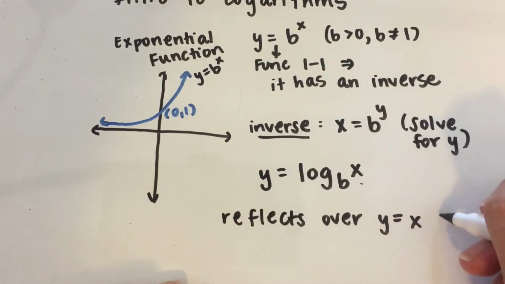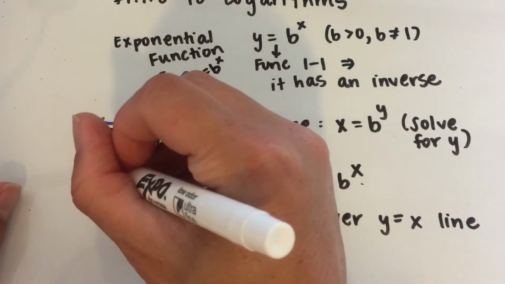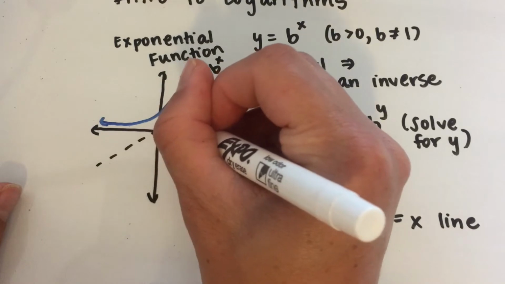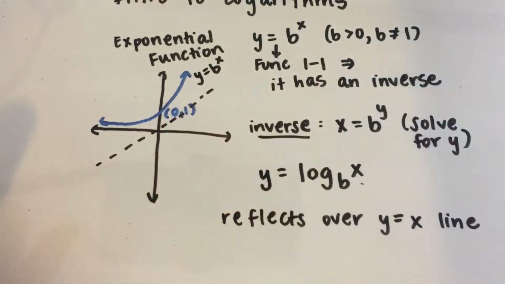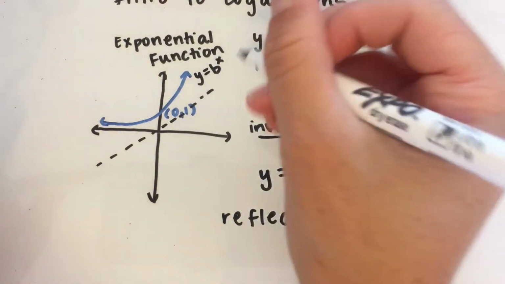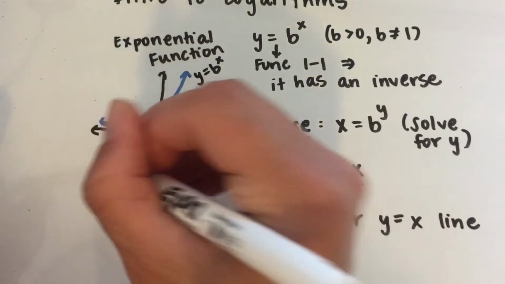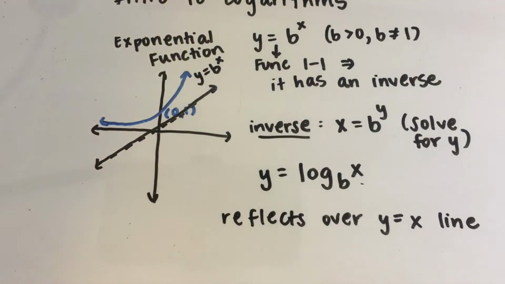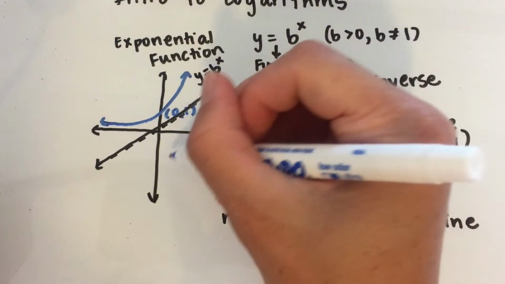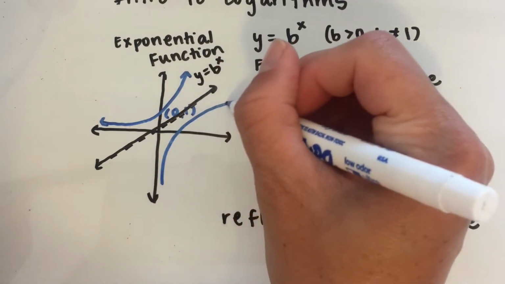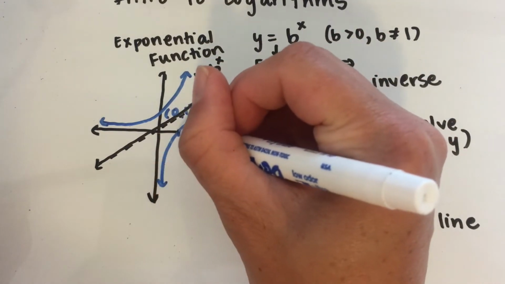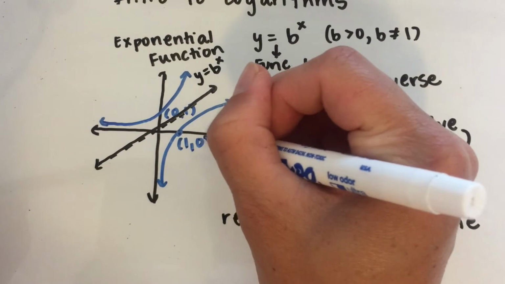And this log function is going to reflect over the line y equals x. And here for our log function, we have the point 1, 0.